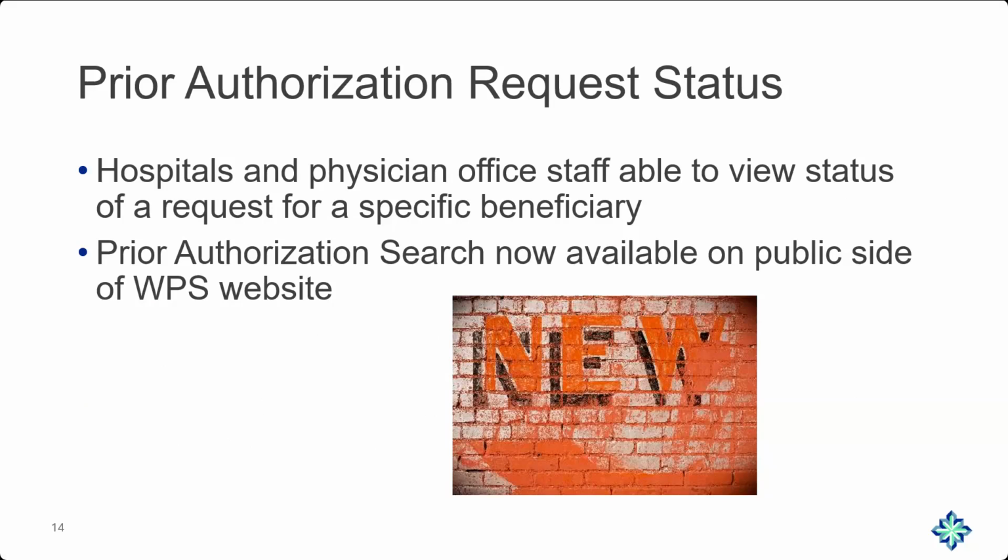And even when you did that, you only could see the NPIs that you had access to. So we heard from a lot of providers who didn't necessarily submit the prior authorization request, but are affected by the outcome, and they didn't know where that stood. How could they find that?